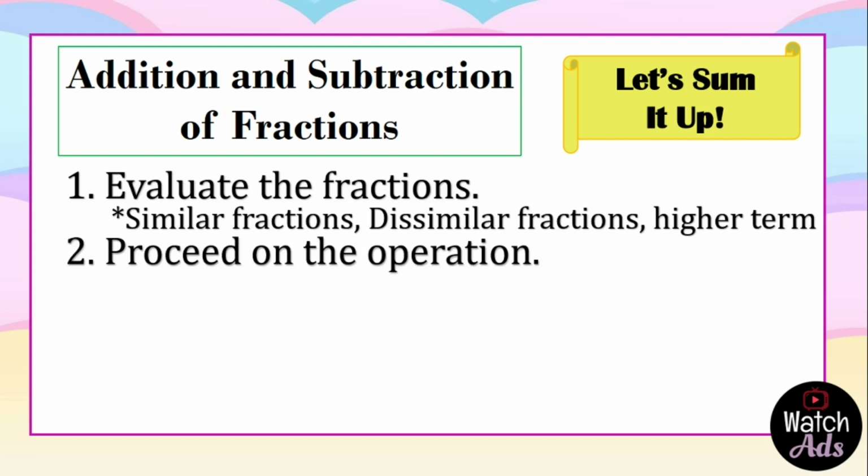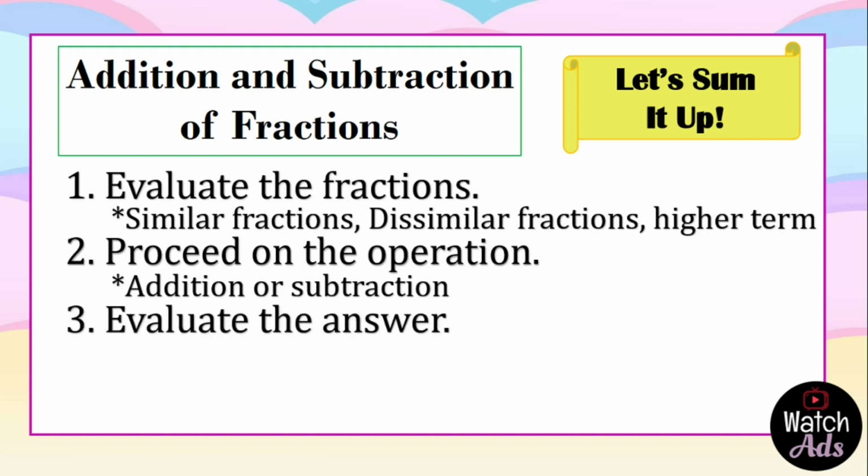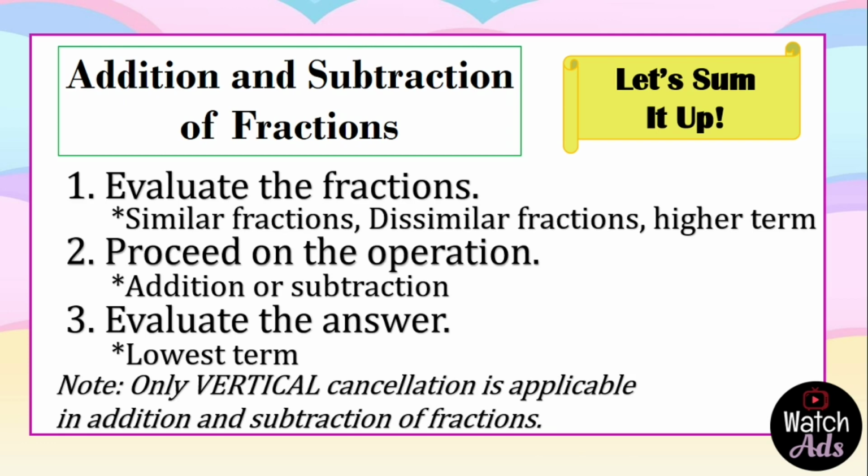Second, we proceed to the operation. It is either addition or subtraction of fractions. Then we evaluate the final answer. We have to check if the answer is in the lowest term. You have to remember that there is only vertical cancellation applicable in addition and subtraction of fractions.